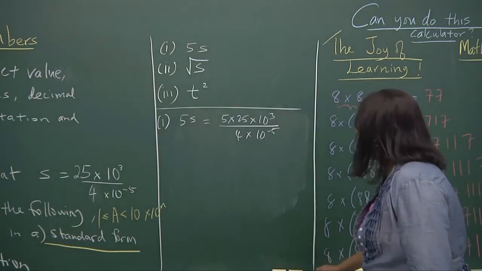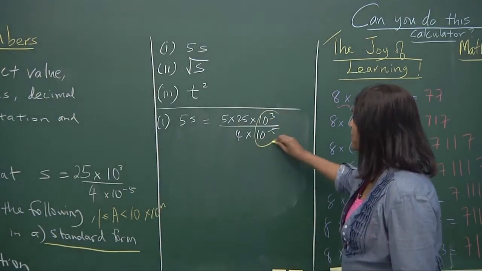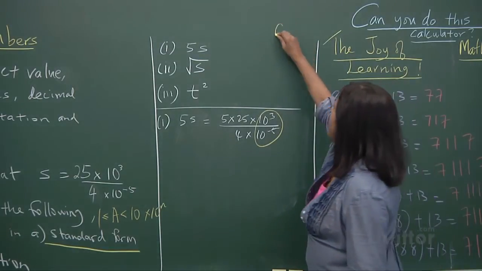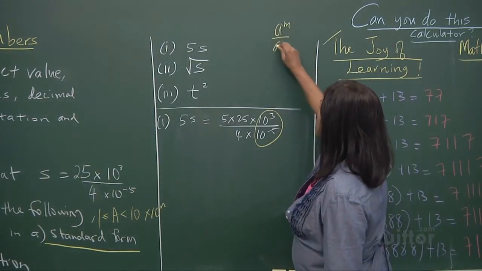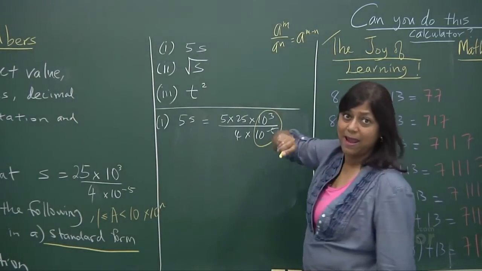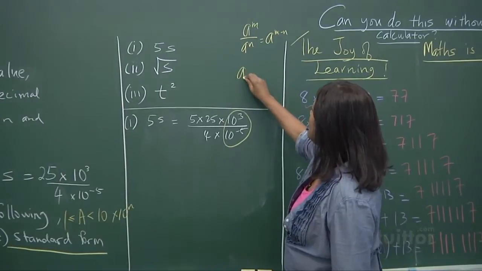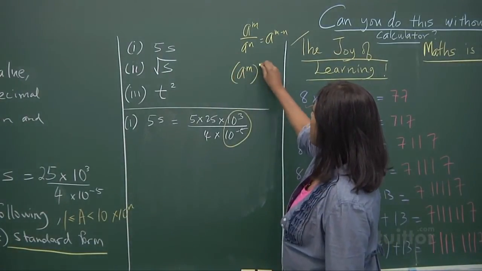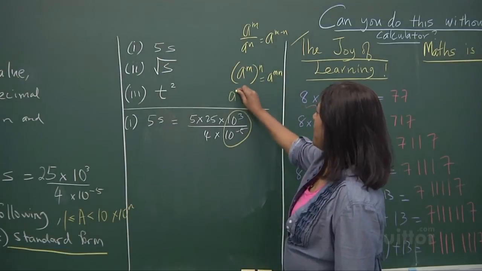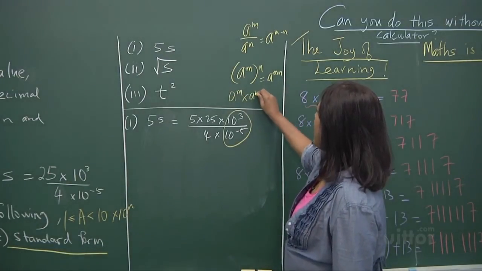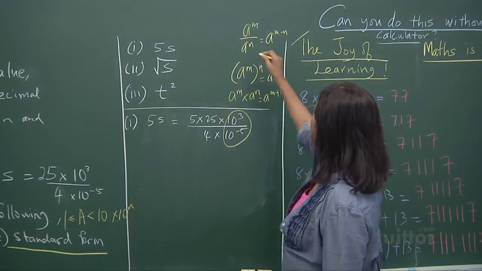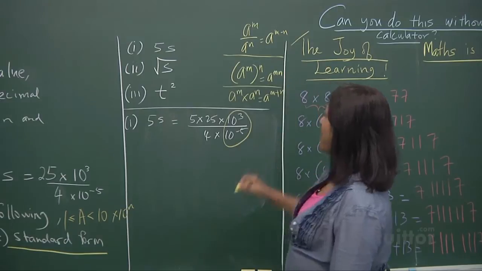Now if you look at the chapter of indices, when you have a^m over a^n, you take m minus n. And to quickly jog your memory, if you have a power of a power, you multiply them, and if you have a^m times a^n, you add up the powers. Please take note, my dear friends.